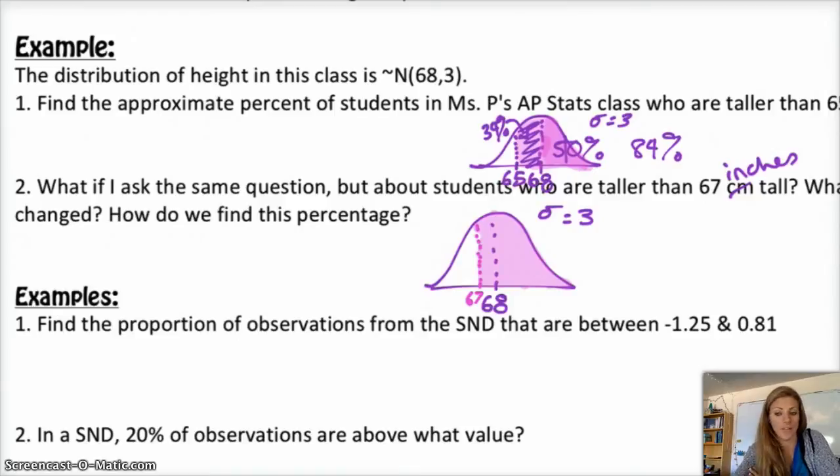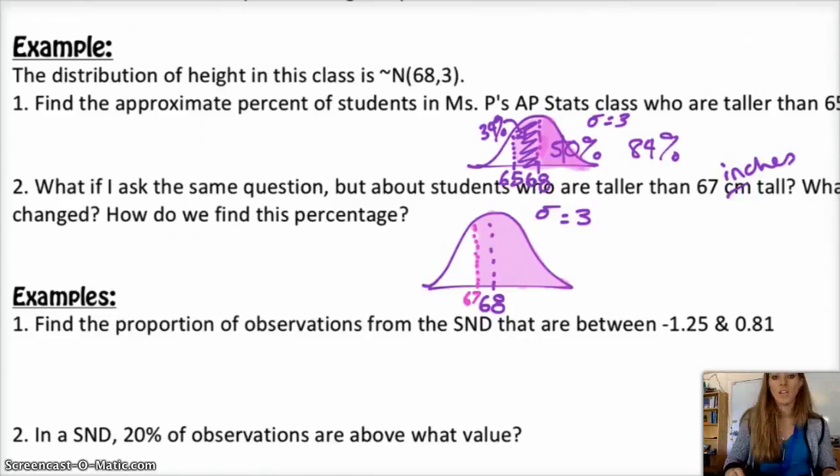So that's why we have the standard normal curve, because it will help us figure this out. The cool thing is that if we can take that data point, that 67, and transform it to be on the standard curve, then we can use basically a calculator that calculates the area under the standard curve.